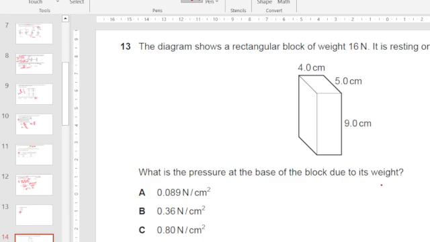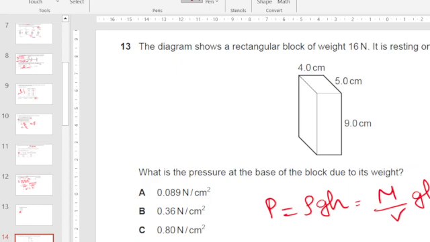So what is the pressure? We know that pressure exerted by any object will be rho GH. But density is not given. Rho can be written as mass per volume into GH.